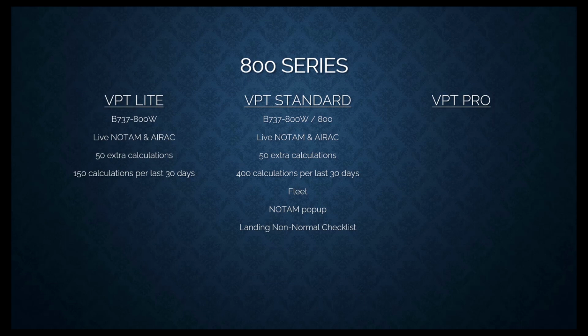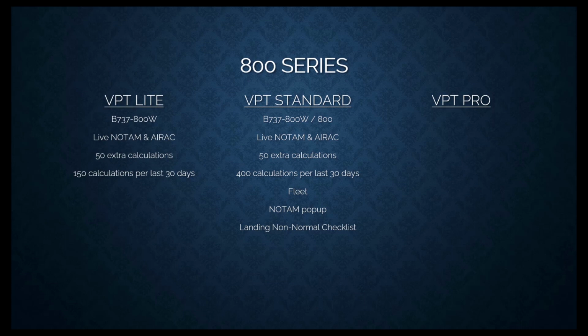That's quite some difference when you compare. If you're a fairly regular user, it's very nice to have 400 calculations per last 30 days. It makes it very comfortable. If for some reason you have to go over it, you still have these 50 extra calculations that will cover those kinds of exceptional months.